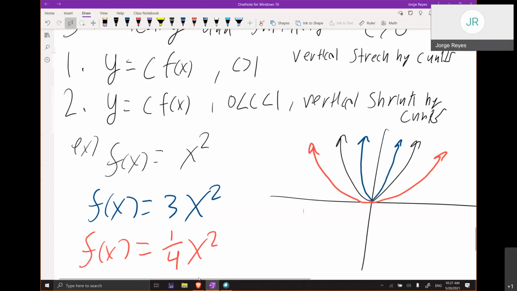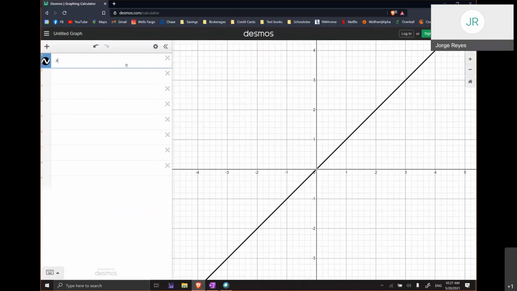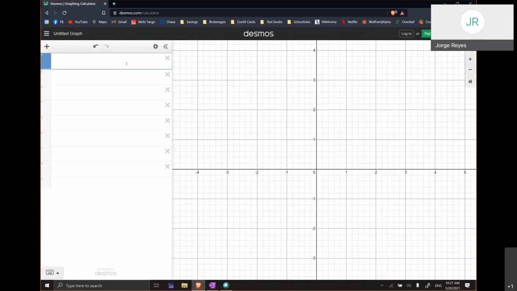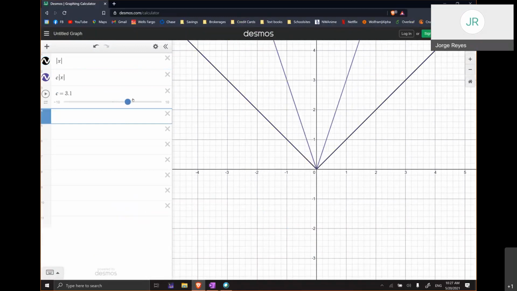And let's look at it on Desmos. I'm going to do it with, what haven't I used? Let's do the absolute value function. So you see that's the original. If I do a C, if I multiply by big numbers, you see that I'm stretching it. It's getting skinnier and skinnier.